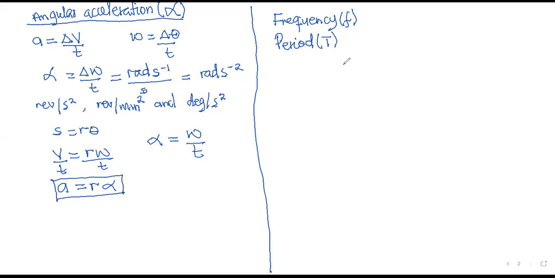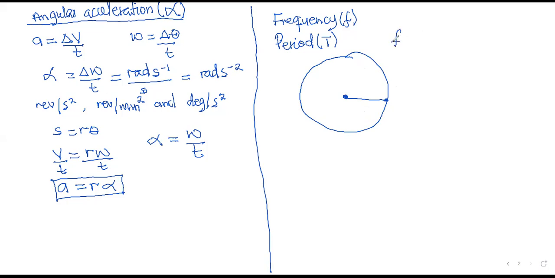Okay, so frequency, it comes from the word frequent. If you are frequent for an occasion or something, it means you go more often. So frequency of a body in circular motion refers to the number of complete revolutions within a given time.